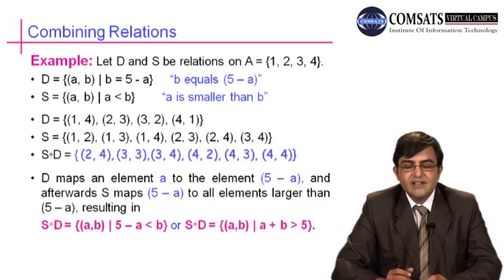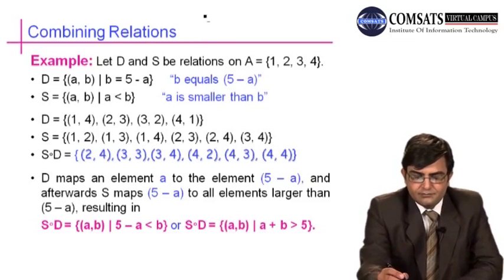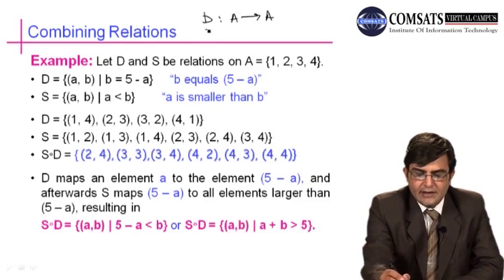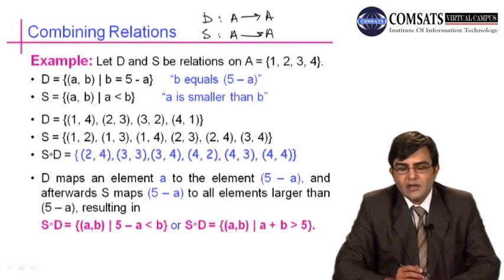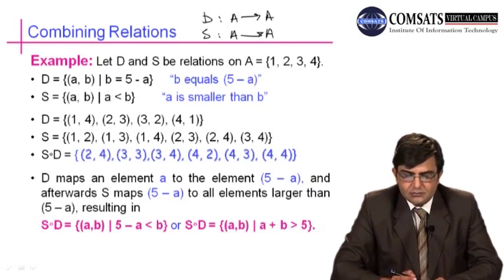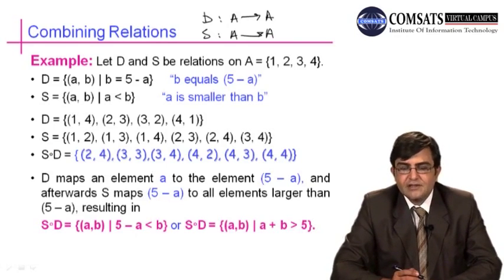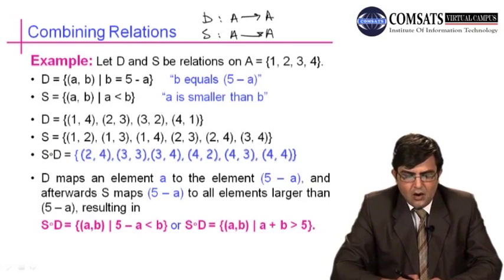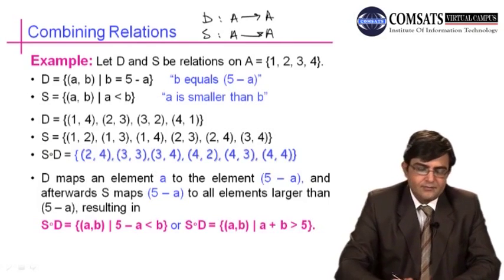Let D and S be relations on set A. These two relations are defined on the same set A, that is, D is from A to A and S is from A to A. So D must be a subset of A cross A, and S must be a subset of A cross A. How is the relation D defined?